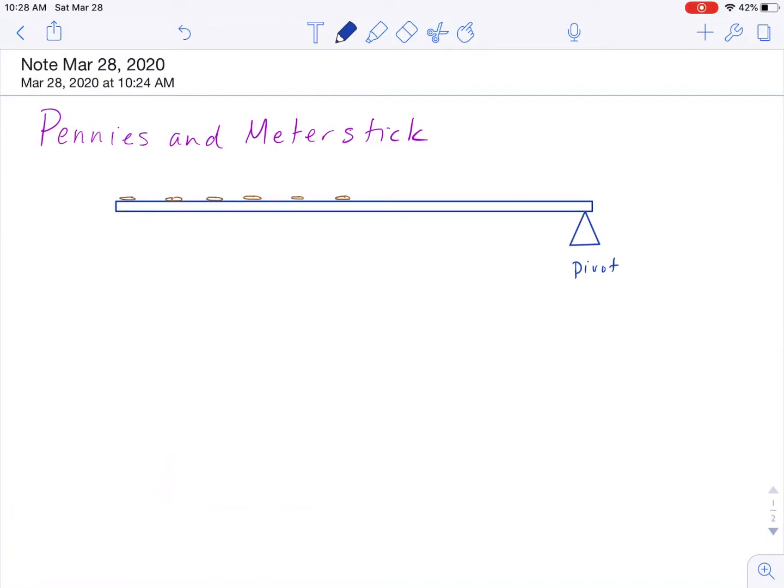I've got a picture of the situation, pennies and a meter stick, and I'm going to draw a force diagram. For the ruler, I'm going to go to the center of gravity of the ruler, and draw the weight of the ruler, which would be equal to the mass of the ruler times g. Now, while the ruler is not moving, we've got a pivot over here. It was a table in the video.